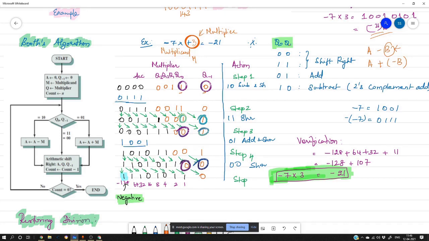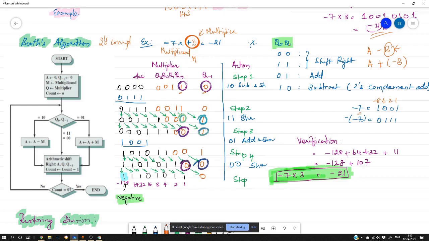You can see that minus 7 is 1001 in 2's complement. We are not using signed representation; Booth's algorithm is for numbers in 2's complement form. That is minus 8, 4, 2, 1, so if you sum it up, you get minus 7.